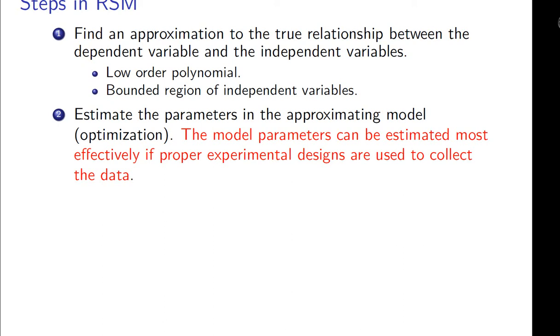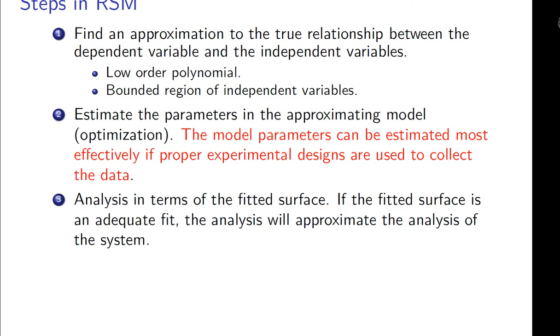And the form of the experimental design is one of the methods that we've spoken about since the beginning of the semester. It could be, as you saw, Box-Behnken, which is based on incomplete block design. You might use that as the experimental design to collect the data to then estimate the model parameters.